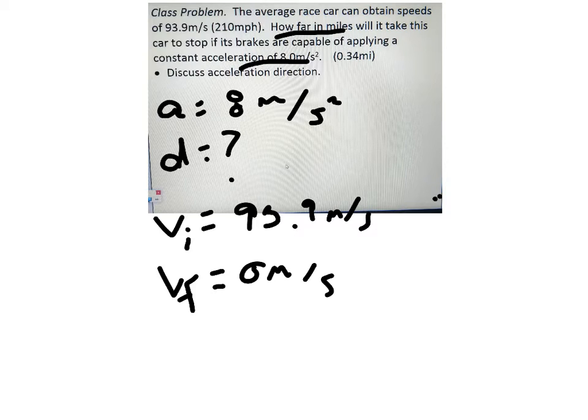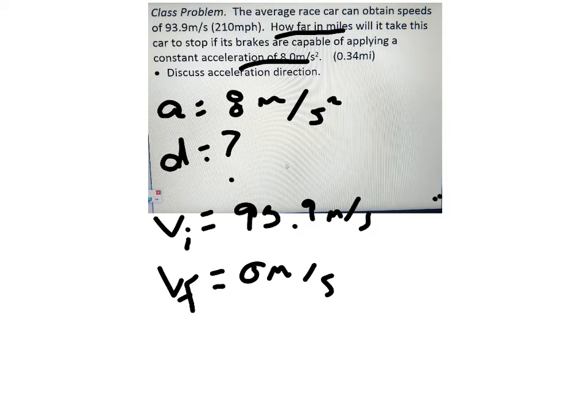Now we want to pick the equation. What equation should we use? If you're looking at your equation sheet, there are 3 new equations on the right. And the easiest way to do this is to ask yourself what's missing. There are 5 possible things they could give us. Acceleration is one of them, distance is one of them, initial speed, final speed, and time is the other one.